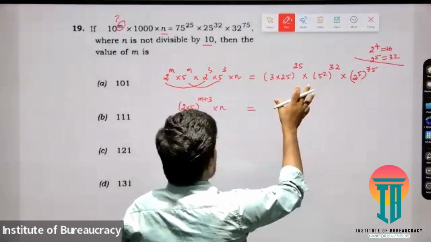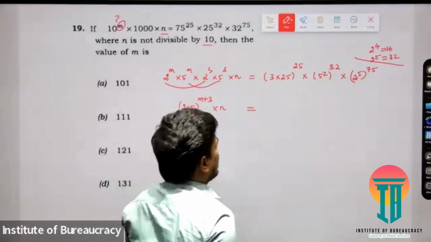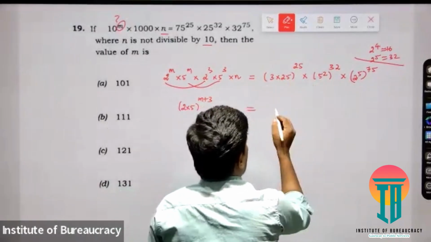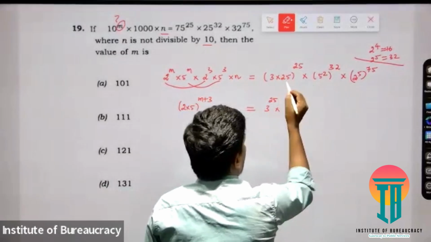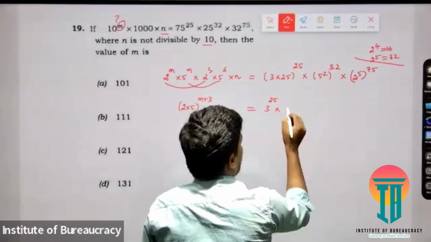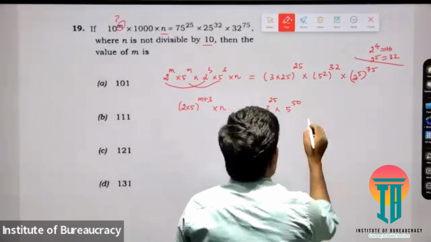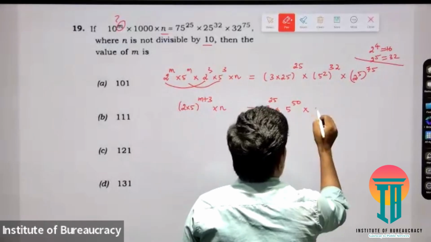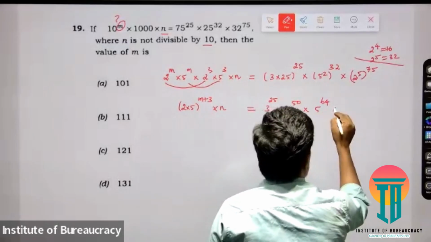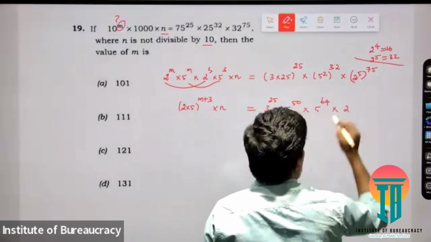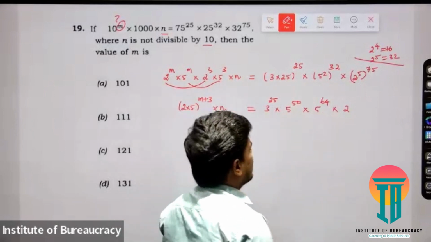This is equal to here. Here also what I'm going to do is bring this 2 and 5 together. For that, the 3 power 25 is not going to help. So 3 power 25 into this 25, I can write as 5 square. 5 square power 25 is 5 power 50. 5 power 50 into 5 power 64, into 2 power 5 into 75. 5 into 75 means 4 times 3 under 375.